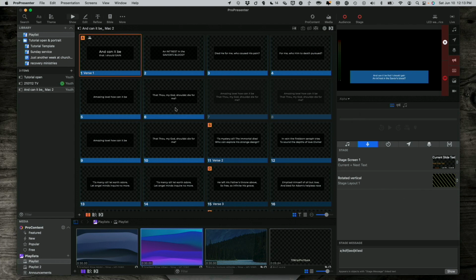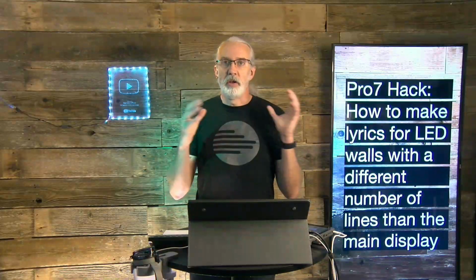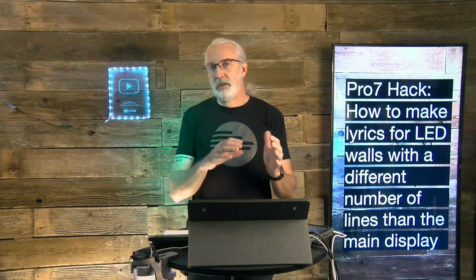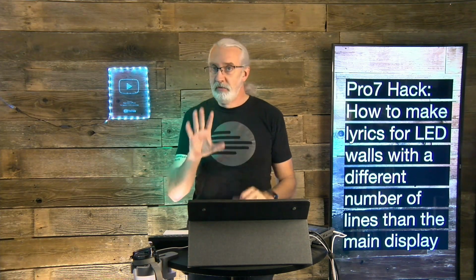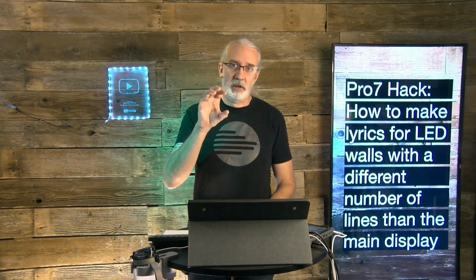And so that is how you can have specially formatted lyrics on the LED wall and a different number of lyrics on a different screen. By the way, two quick things to do. Sometimes people say instead of using visibility to have another text box and drag that off the screen.